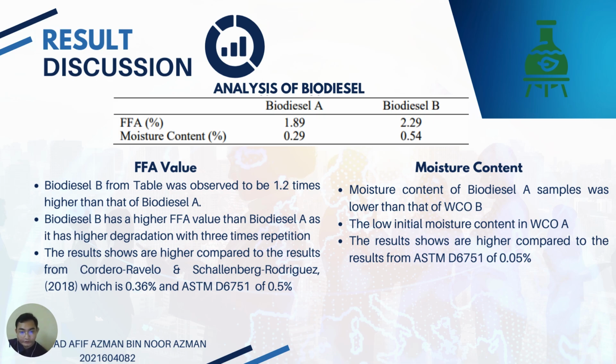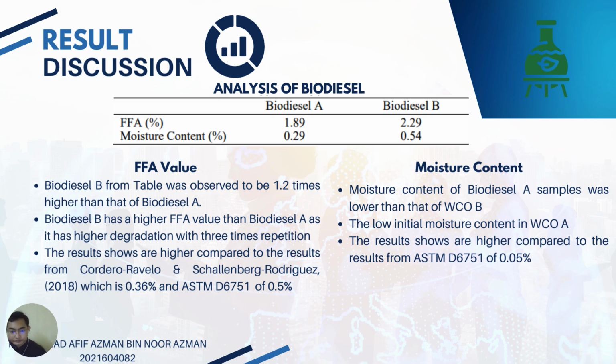In terms of moisture content, the moisture content of the biodiesel A sample was lower than WCOB. This is due to the lower initial moisture content in WCOA and the lower time of usage. Thus, the FFA value and moisture content are also low.